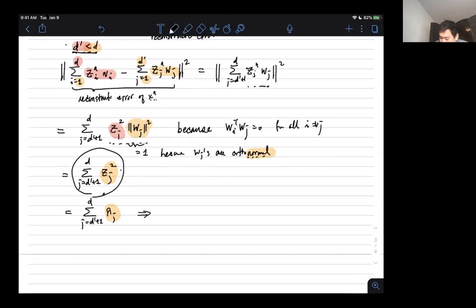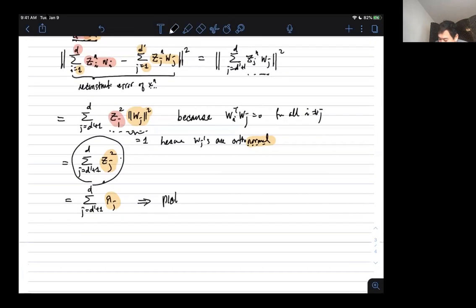So what this implies is that for PCA to minimize this reconstruction error, we need to pick the top D prime eigenvectors and values, because once we do that, whatever is remaining is going to be minimized.